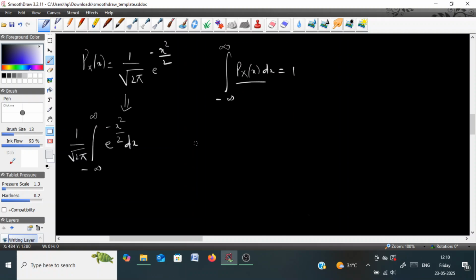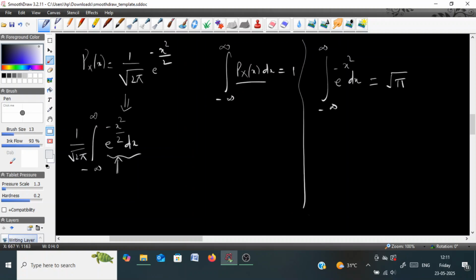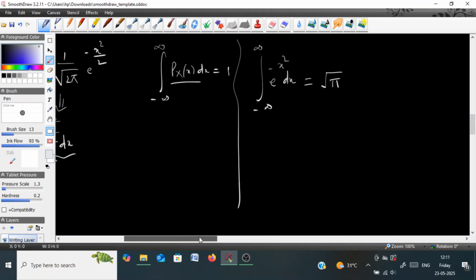So what I need to find is the integral of e to the power minus x square by 2, or in general I can find the integral of e raised to power minus x square dx, and based on this integral you can compute the integral of e raised to power minus x square by 2 dx. What will be the integral of this? Okay, and this integral is equal to under root of pi. Okay, so you can prove it.